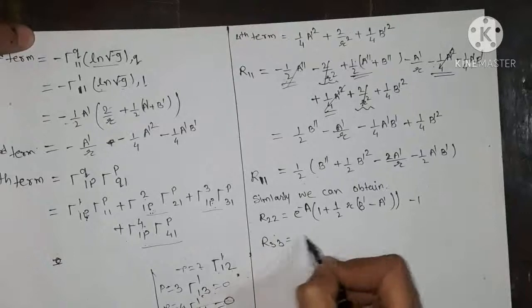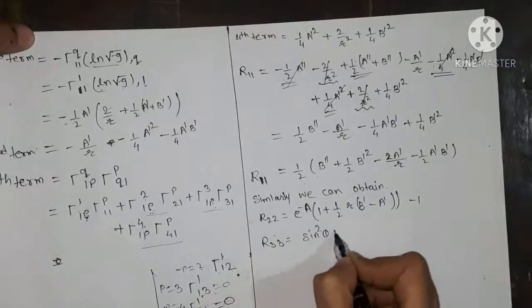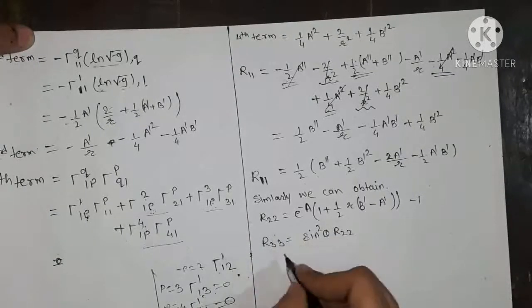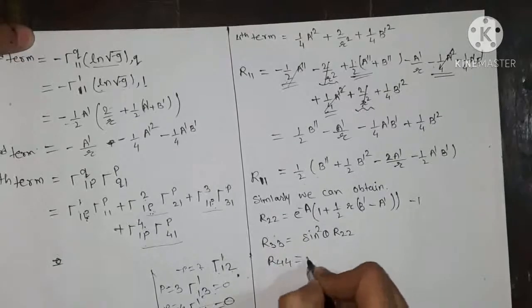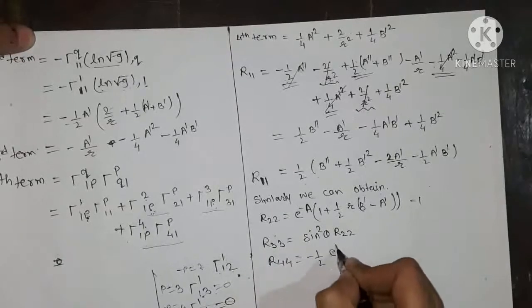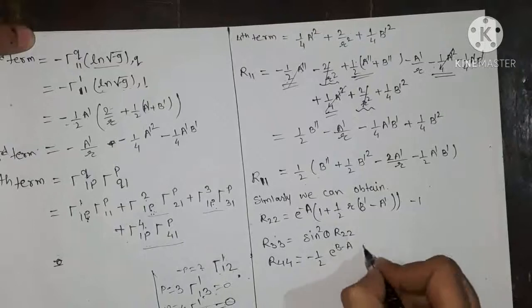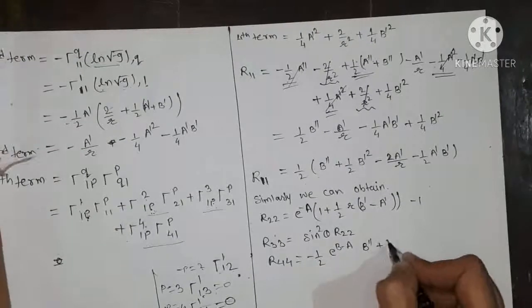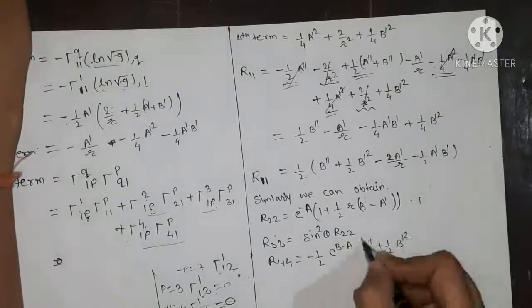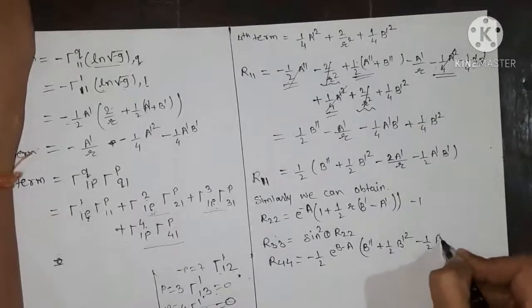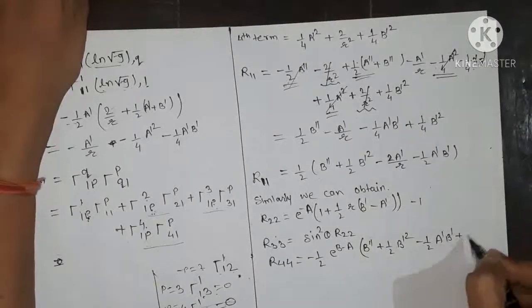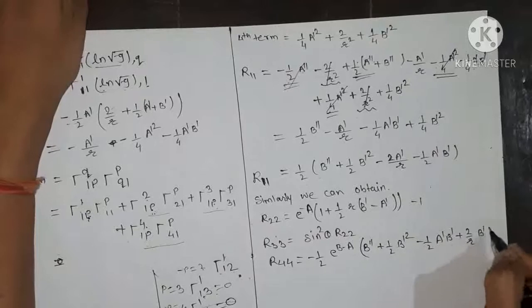R33 is equal to sine squared theta times R22. R44 equals minus half e to the power b minus a times b double dash plus 1 upon 2 b dash squared minus 1 upon 2 a dash b dash plus 2 upon r b dash.